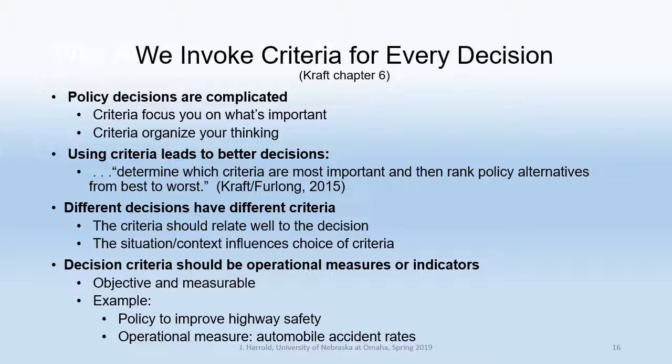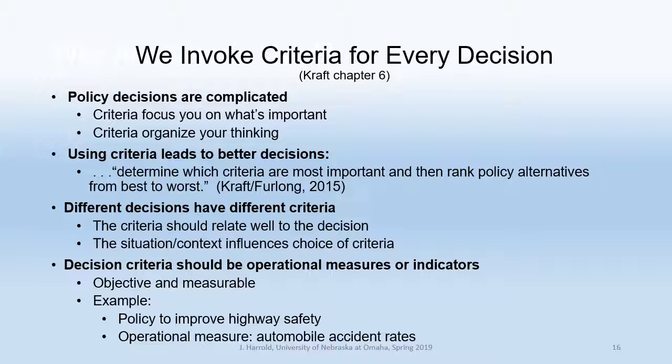But on that chart, that table there, 6.1, different decisions have different criteria. So some things will lend themselves to cost-benefit analysis. Some things will lend themselves to an analysis that looks at equity. Some things will lend themselves to an analysis that looks at technical specifications.